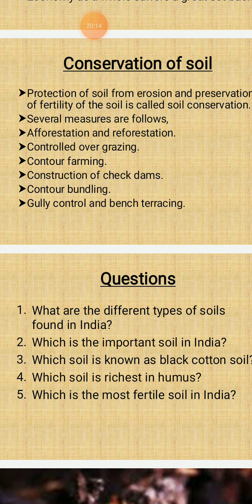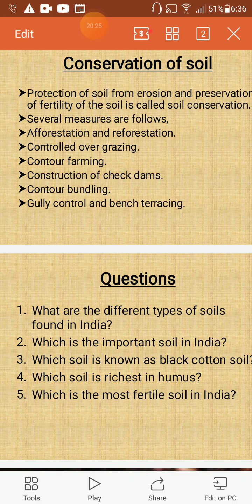Contour bunding. Bunding means walls. I have explained this, but I'll repeat. On the slope of the hills, they make step by step, and from each step to the next they construct small, tiny walls, so that the water or soil from one step to the other will not be washed away during the rainy season.